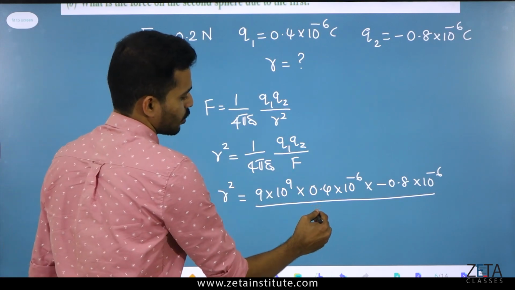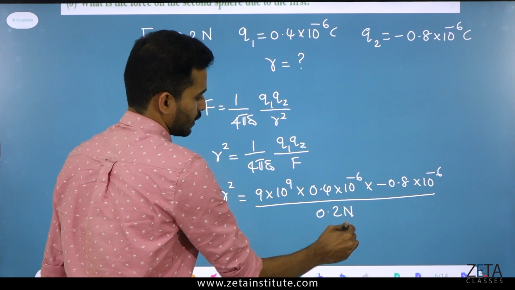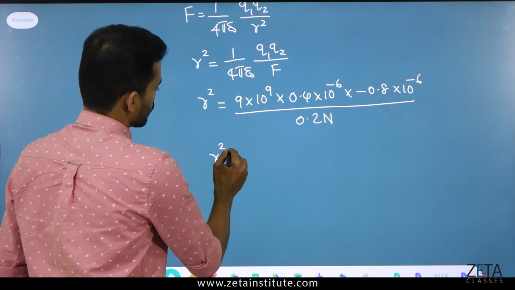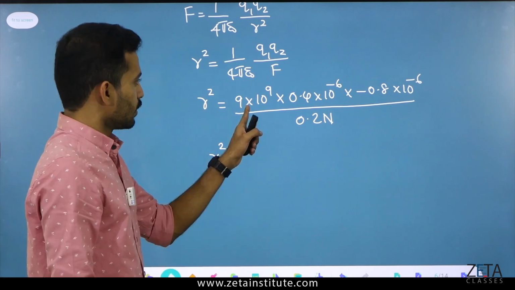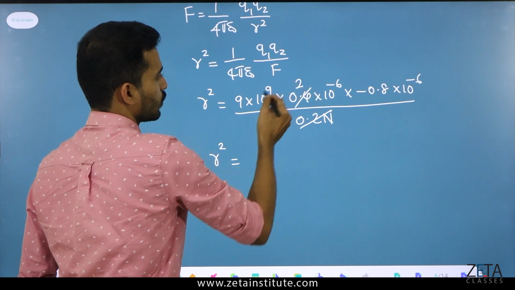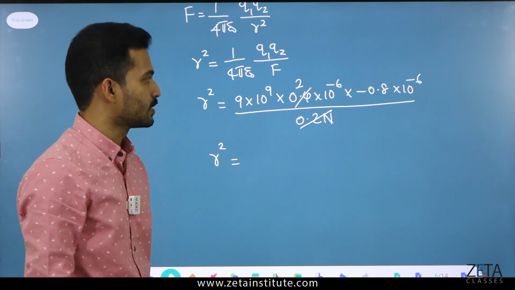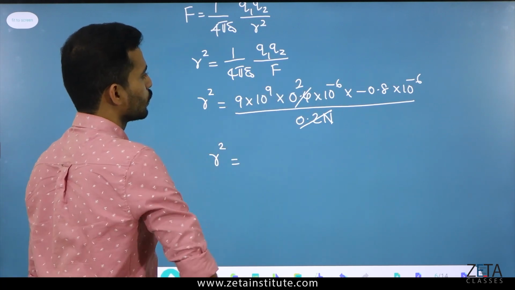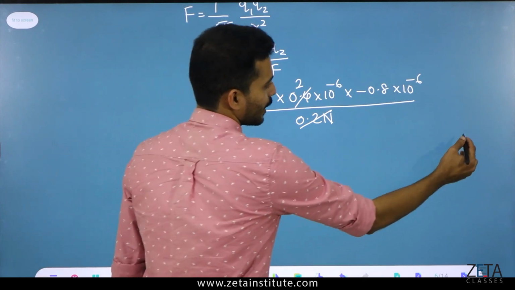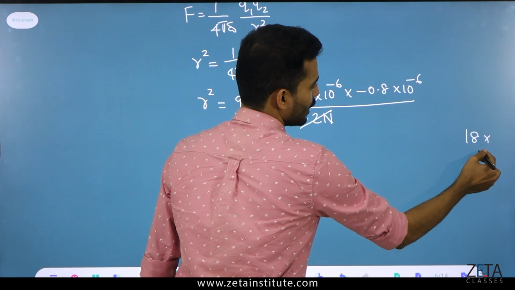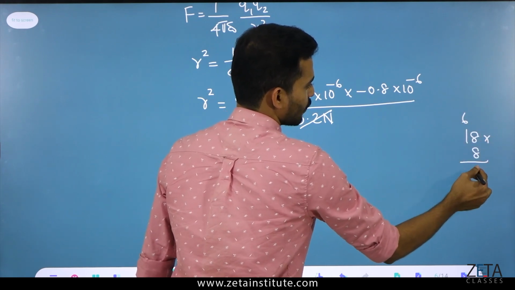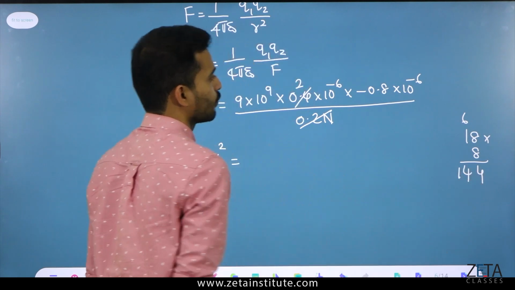Then the value of R square is equal to, this can be cancelled, so it will become 2, 0.4 by 0.2, that is 2, then 2 into 9, that is 18, then 18 into 8, what is the value of 18 into 8? That is 144.